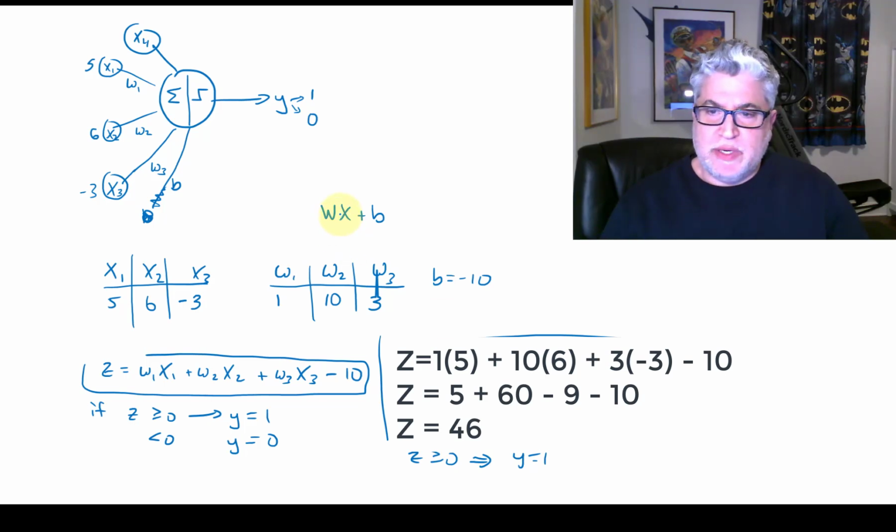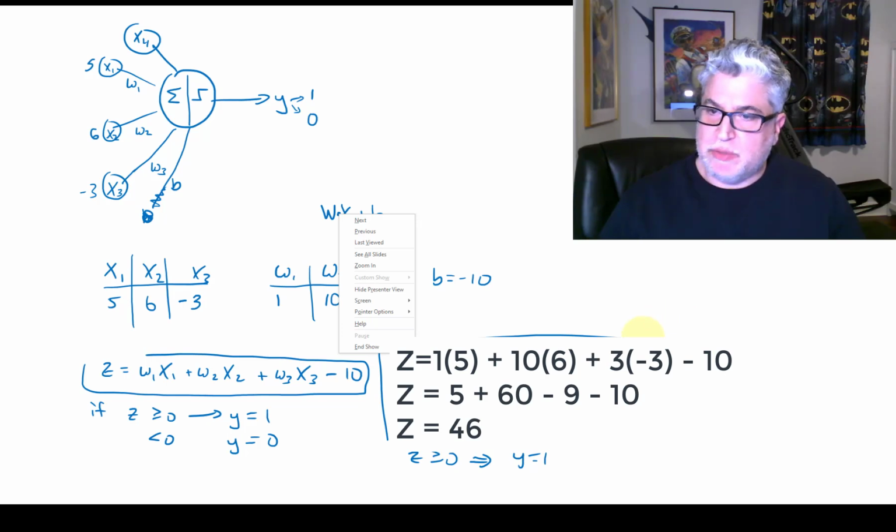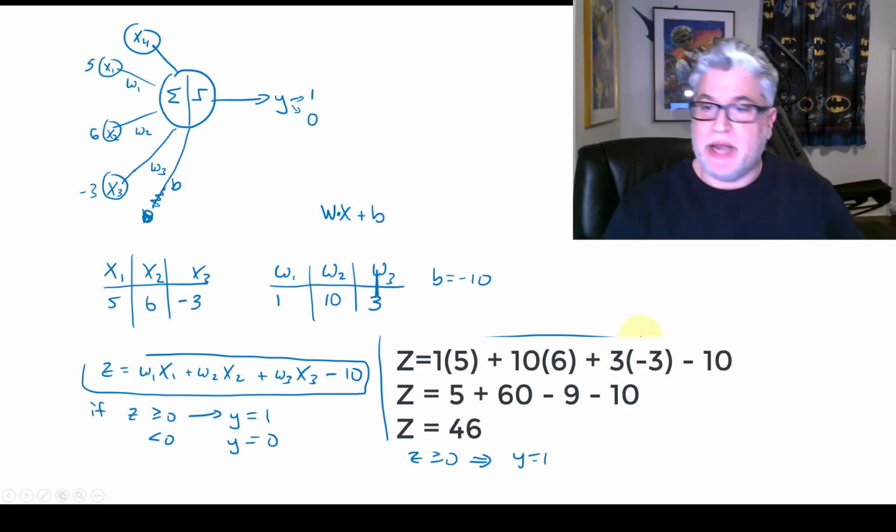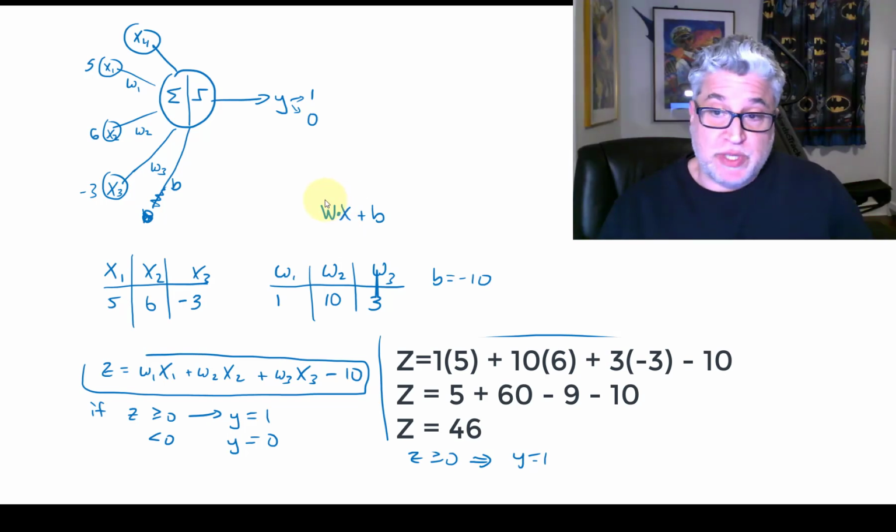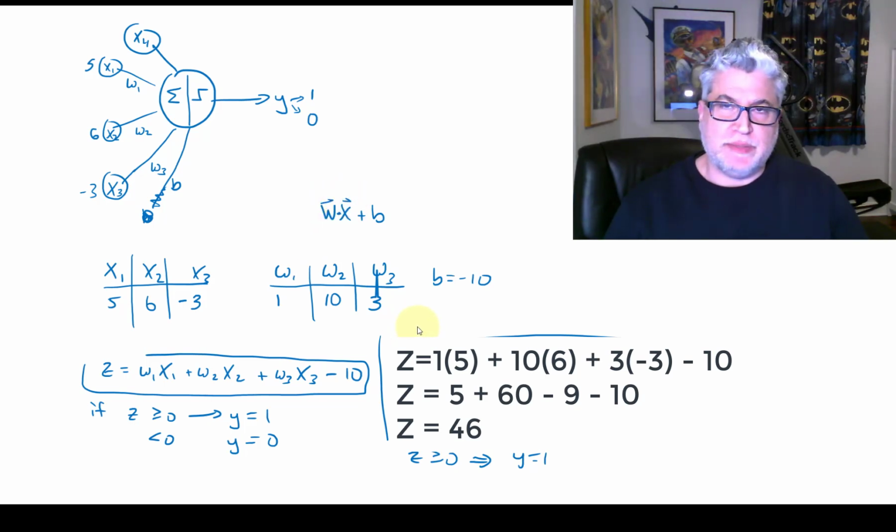And W dot X, with that multiplication sign, a little dot, is shorthand for something. You usually see it in algebra as a multiplication, but if you're doing vector algebra, linear algebra, then the W and the X are these little vectors, and that's called a dot product.